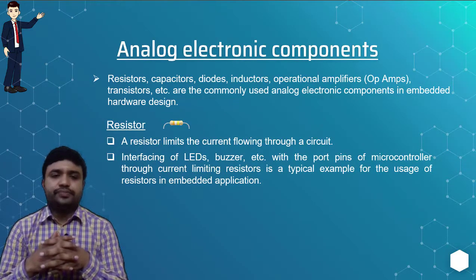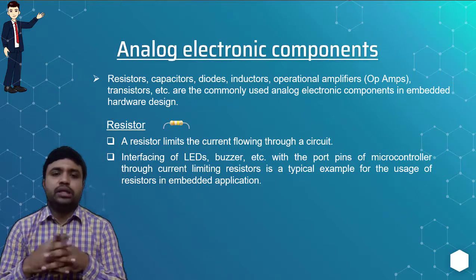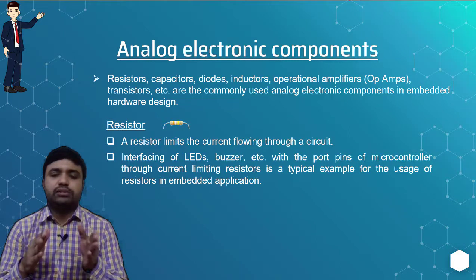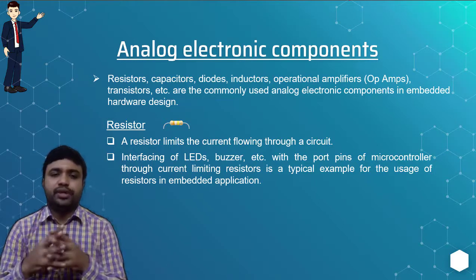Okay, so what is a resistor? The resistor limits the current flow inside a circuit. The main purpose of a resistor is to limit the current flow inside the circuit in such a way that the amount of current needed by the device is supplied.